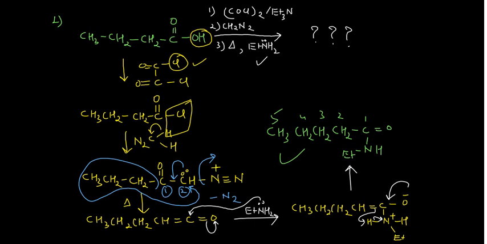Now we can do other reactions also. Say reaction number 2, you have been given this species, with a C double bond O and this OH. Whenever you do these kinds of reactions, always number the carbon atoms to avoid mistakes in the mechanism.